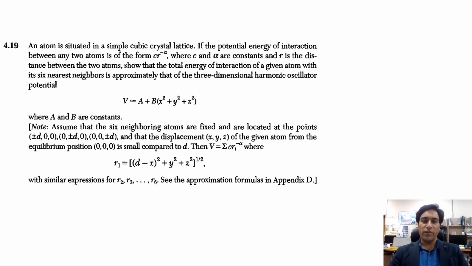So we have to calculate V1, V2, V3, V4, V5 and V6, then add those potentials to get V. Here r1, the distance of the situated atom from the first nearest neighbor, which is situated at (d, 0, 0), is r1 equals ((d minus x) whole squared plus y squared plus z squared) to the power 1 over 2. Similarly, we can calculate r2, r3, r4, r5 and r6.